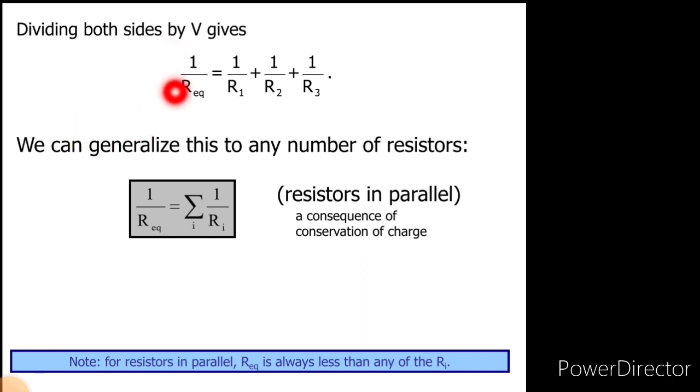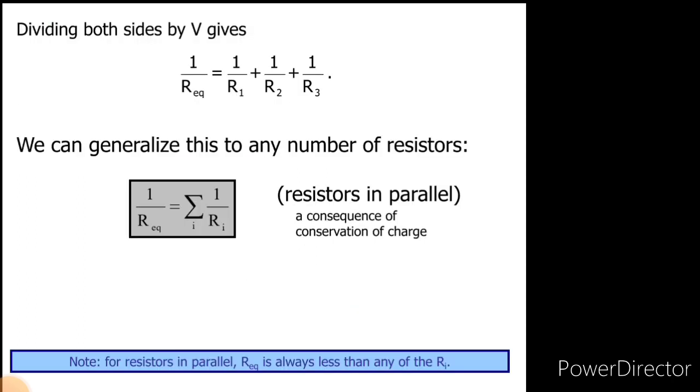So 1 over R equivalent is equal to 1 over R1 plus 1 over R2 plus 1 over R3. So we can generalize this to any number of resistors. 1 over R equivalent is equal to the summation of 1 over the individual resistances.